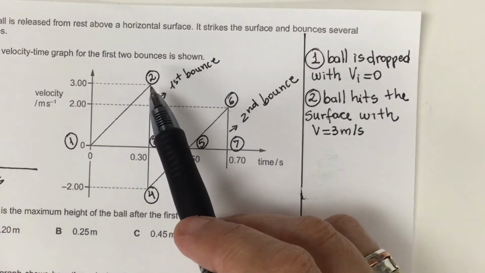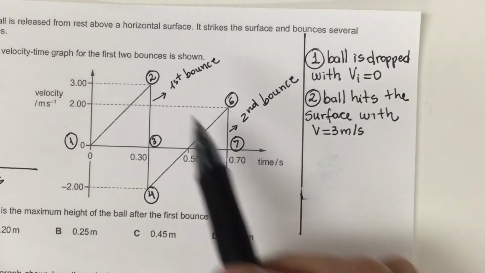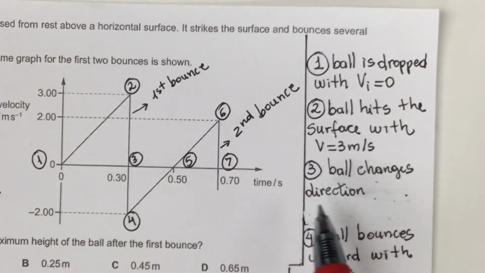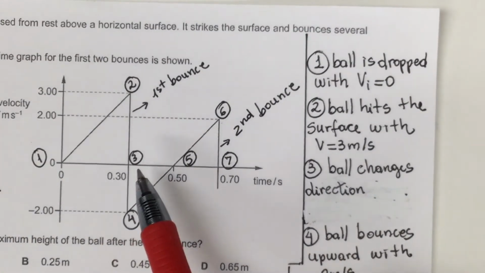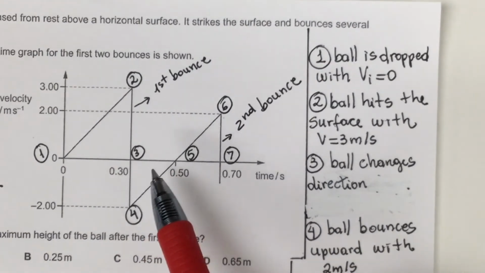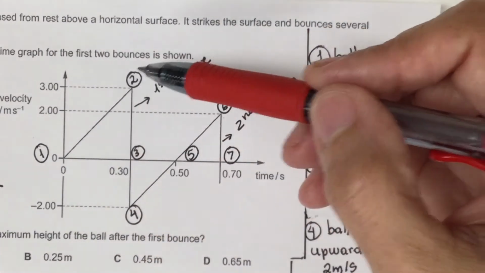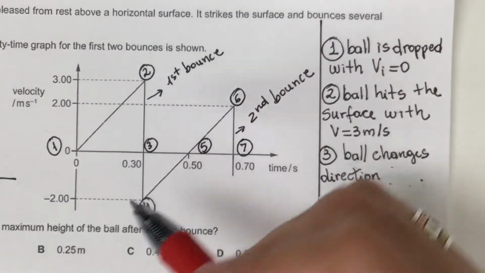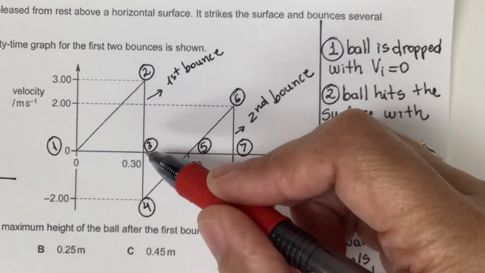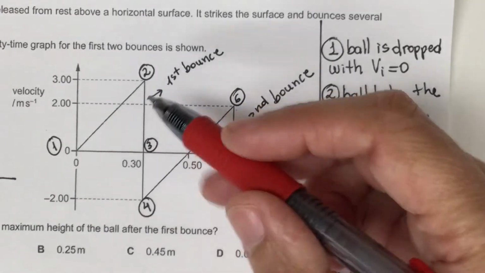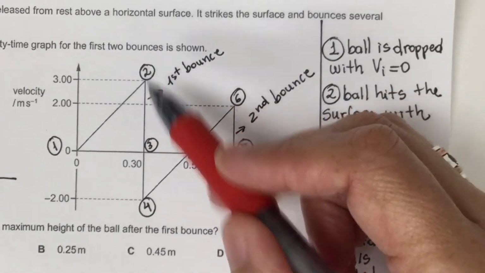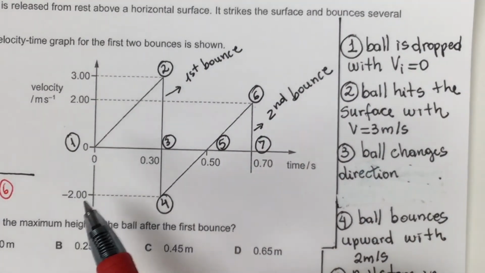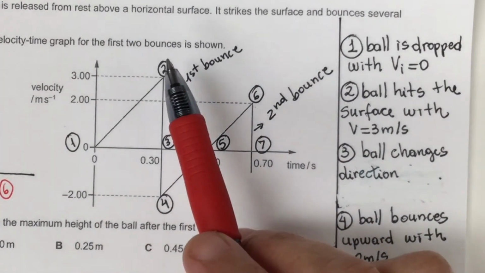At point 2, the ball hits the surface with 3 meters per second. Then at 3, the ball is going to change direction. Points 2, 3, and 4 happen very quickly. There is even no time interval here. Instantly, the ball hits the ground and bounces back with a velocity that is less than the one that hit the ground.